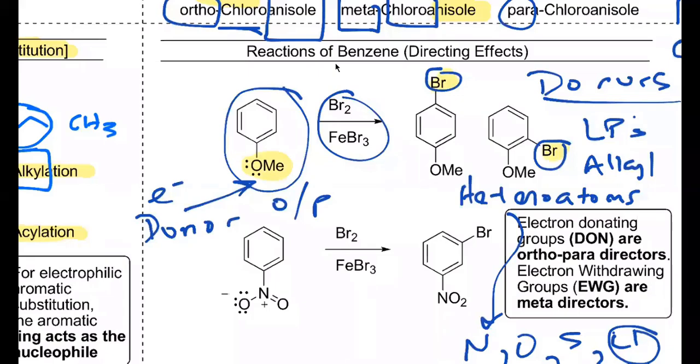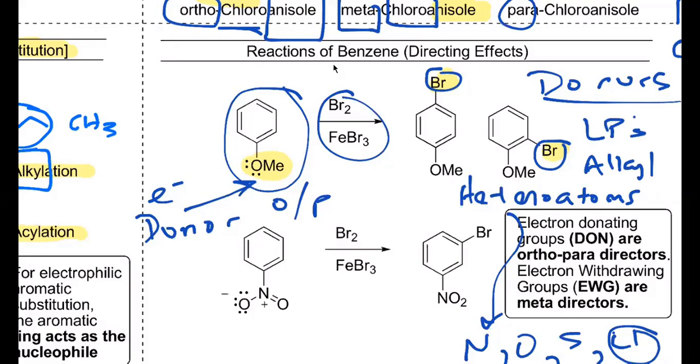Because when we add Br2 to an aromatic ring in the presence of iron bromide, we get a bromine added to the ring. Right? Questions about that? Sometimes this trips people up because of the definition of what a donor is and what an acceptor is, or an electron withdrawing group. So, are there any questions about that?